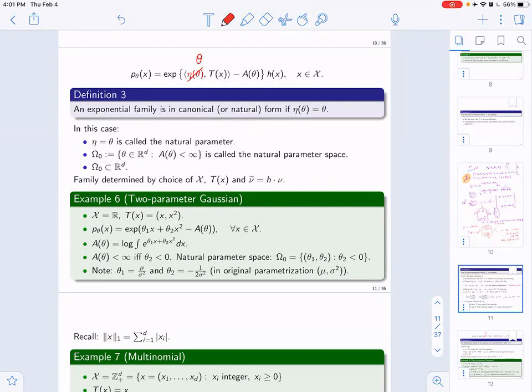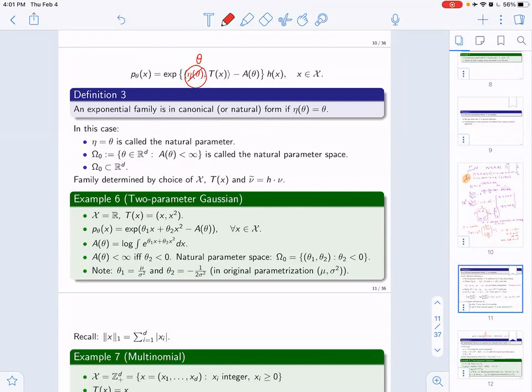So this removes one degree of freedom, let's say, one of the ingredients that were up to us to choose, which was this eta.